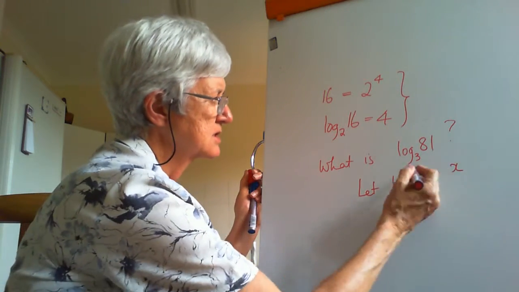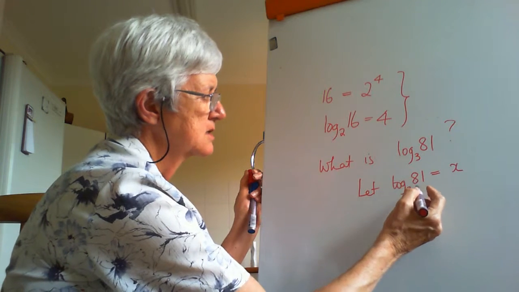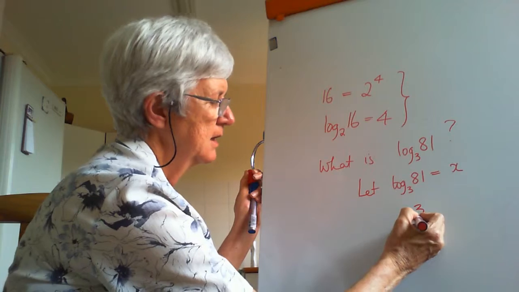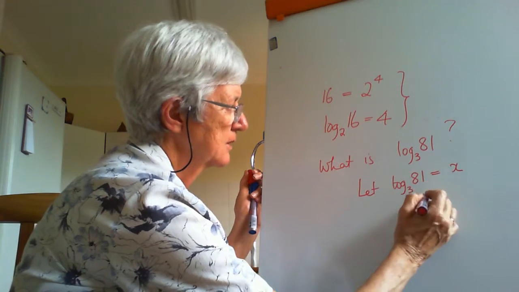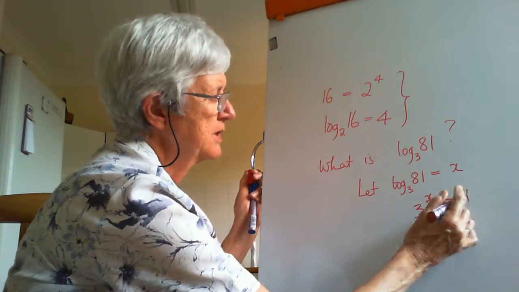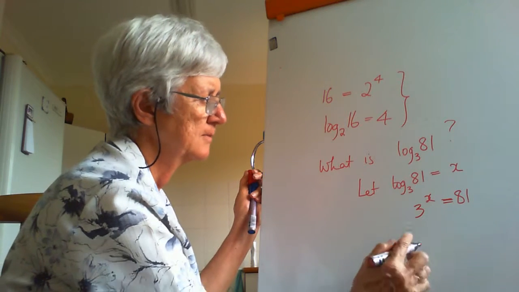And then we translate that or change it into the power form. So, which is our base here? It is 3. 3 to the power of x equals 81. And we need to find out what power of 3 will give 81.